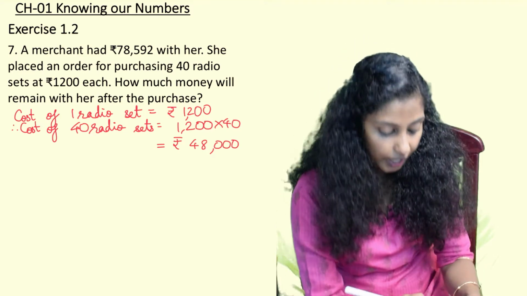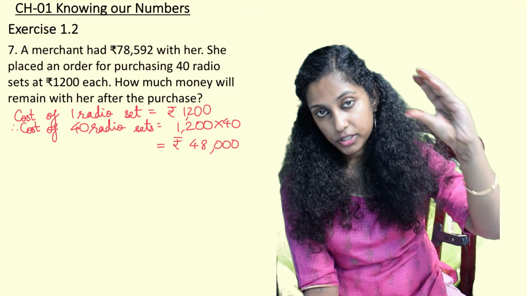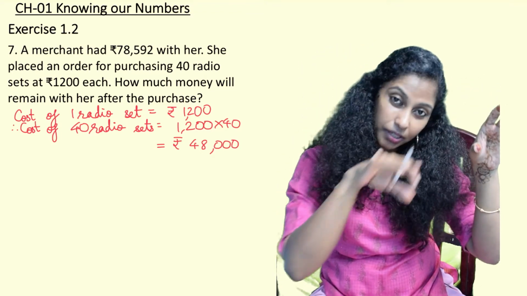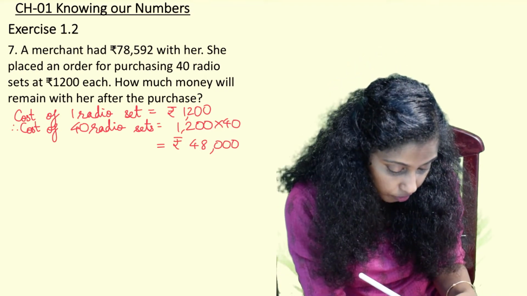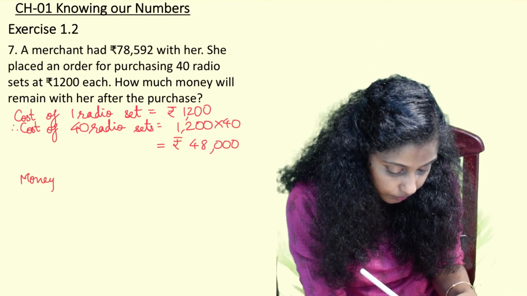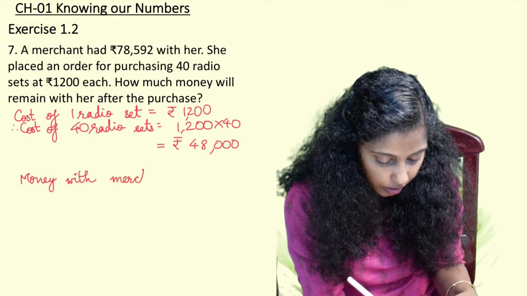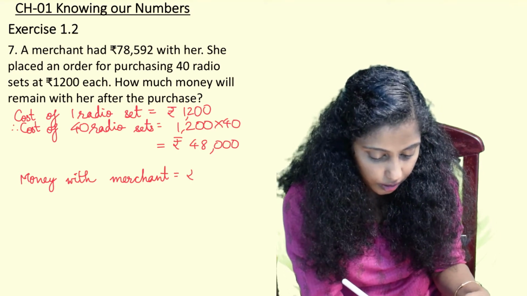But the merchant had, so here we have to do the subtraction, because first they have given this much money, out of which 48,000 is spent. It is going away, which means it is getting subtracted. So money with merchant. In word problems, we have to just read the question and understand.